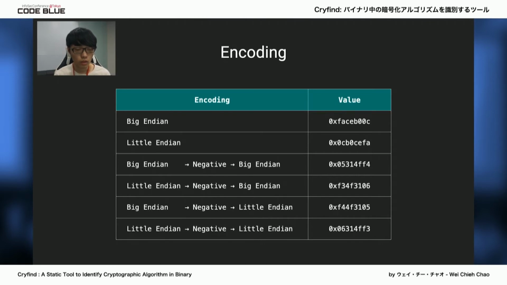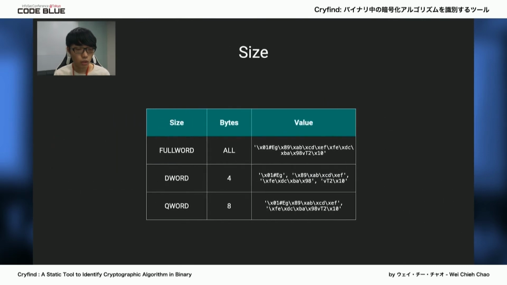We consider various encoding methods on the cryptography constants, including big endian, little endian, and their combinations with negation in 2's complement. Each group of constants also has a different size, like byte, DWORD, and QWORD. DWORD stands for 4 bytes, and QWORD is 8 bytes.